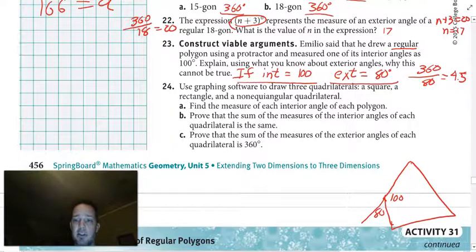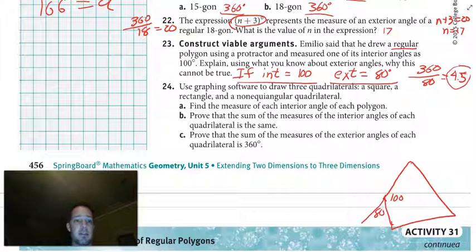And if it's a regular polygon, each of the exterior angles has to be 80, and the sum has to be 360. So to find how many sides it had, I could take 360 divided by 80. But when you do that, you get 4.5, which could not exist, a polygon with 4.5 sides. So Emilio must have made a mistake somewhere because there's no possible way he could have made it a regular polygon and had an interior angle of 100 degrees.